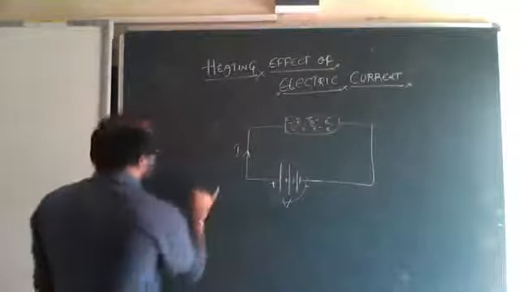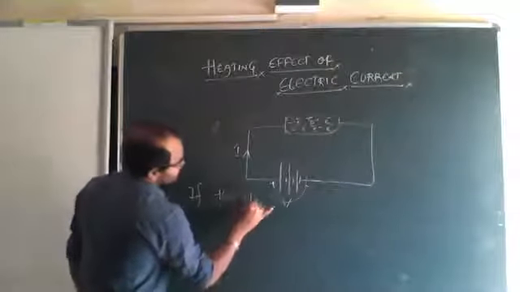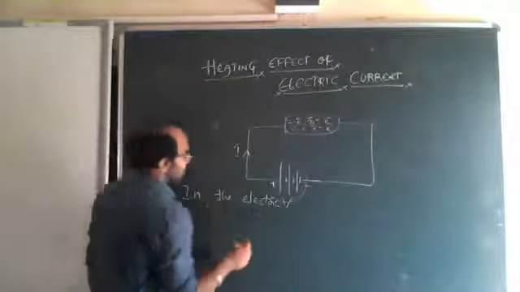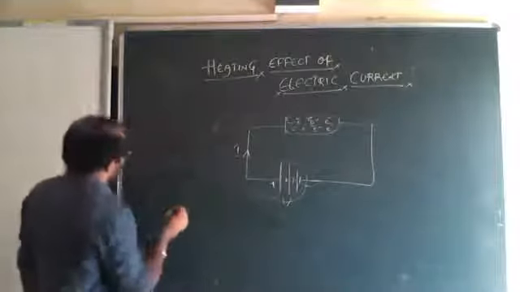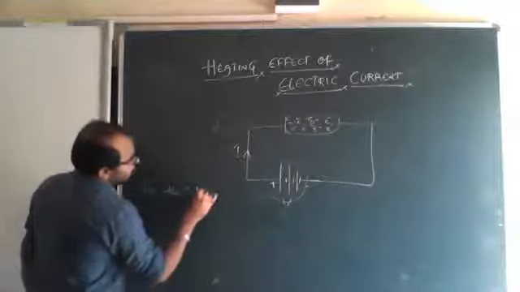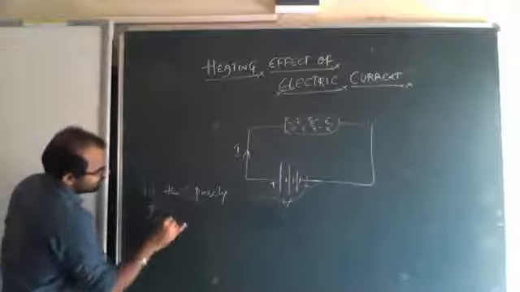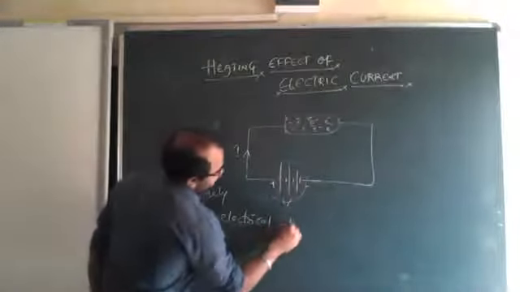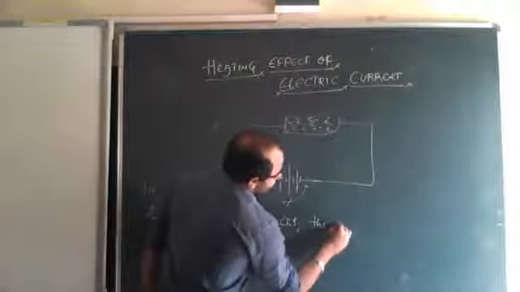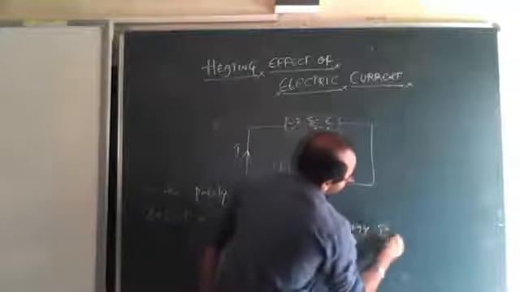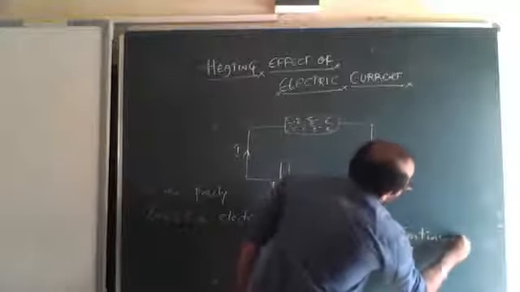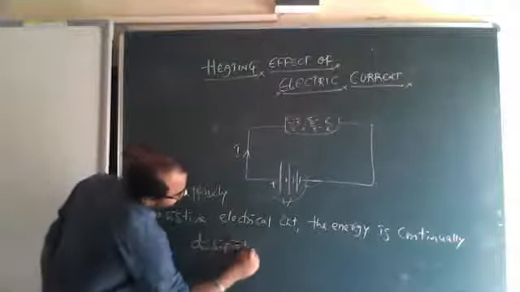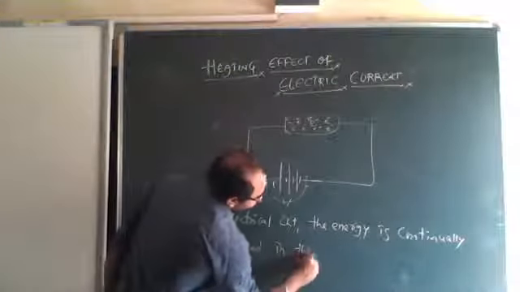That is, in the purely resistive electrical circuit, the energy is continually, or continuously you can say, dissipated in the form of heat.